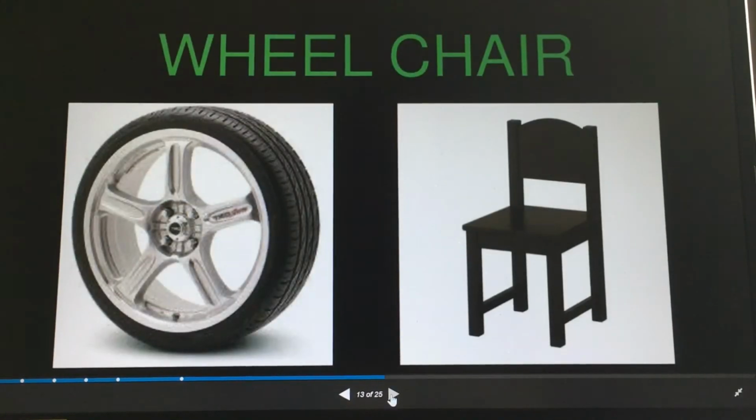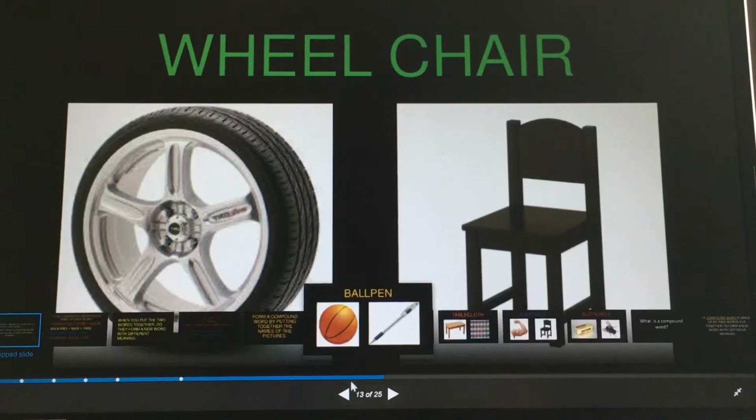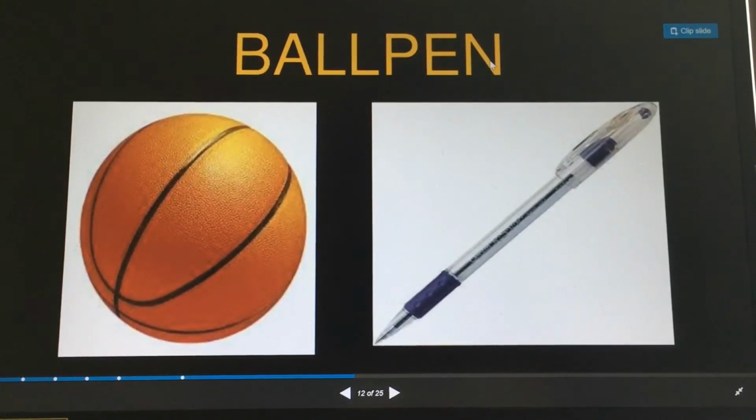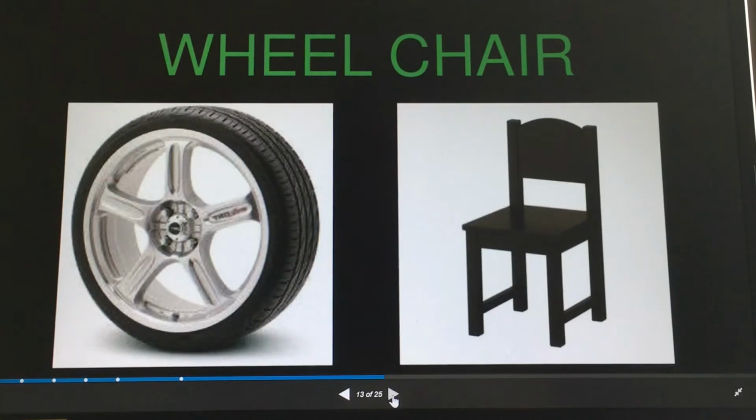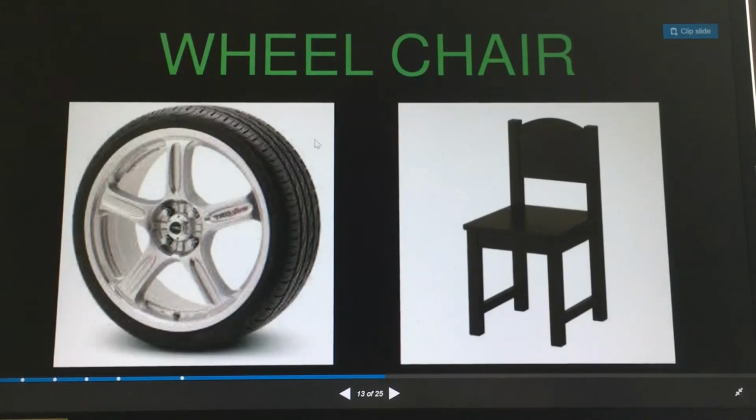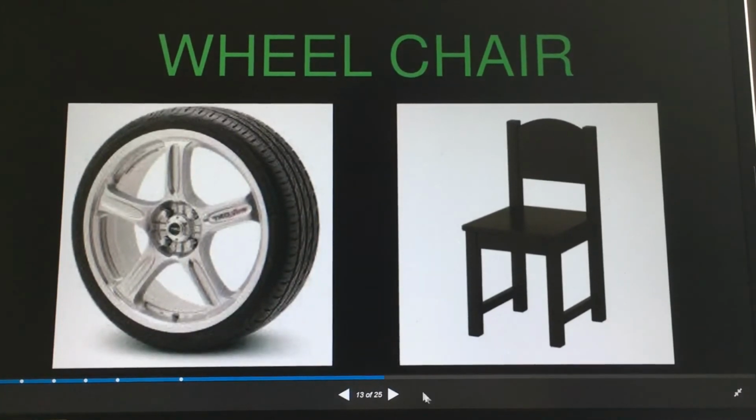Another, we have wheelchair. Ballpen is also a compound word. It comes from two words, ball and pen. And then another example, wheelchair. Wheelchair is a compound word also from wheel and chair. Got it?